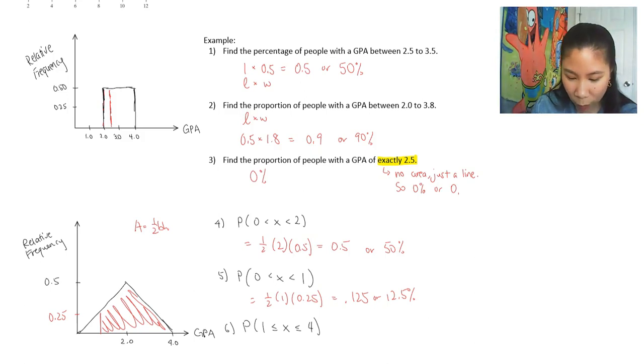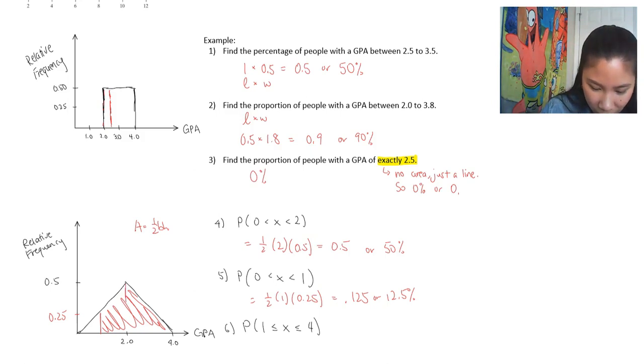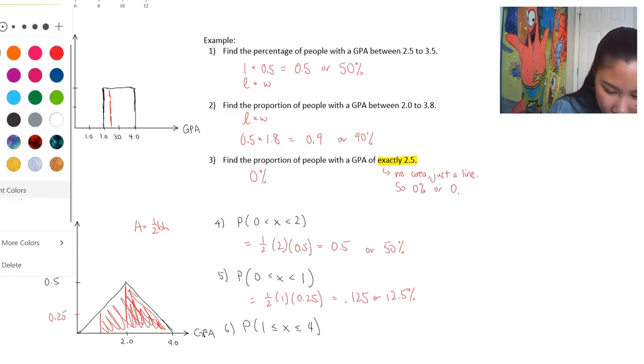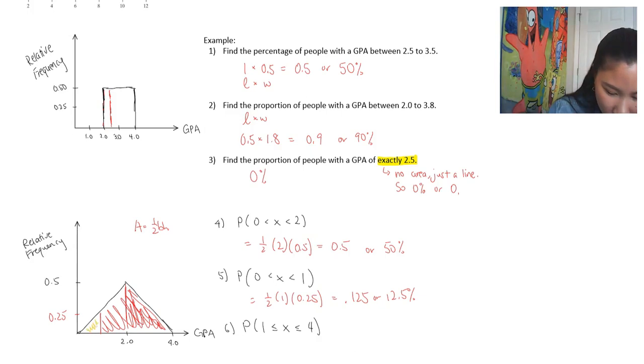So between 1 and 4, we just need to figure out the area of the shape here, because we have kind of a triangle but with added stuff to it. If you want to split this up, here's a triangle, so I could find that area first, which was 50%, because that's half the triangle, and then I could figure out this area here. But also, this area here on the left, we just said was 12.5%.